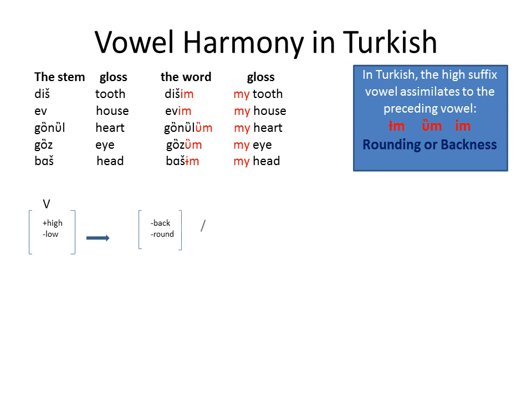Okay. Then we use the slash for the environment to show the context in which the change takes place. Importantly, the sound that undergoes the change follows the sound that triggers the change.